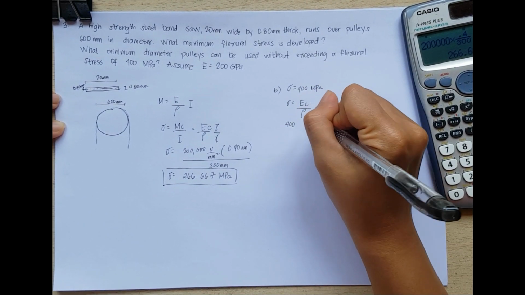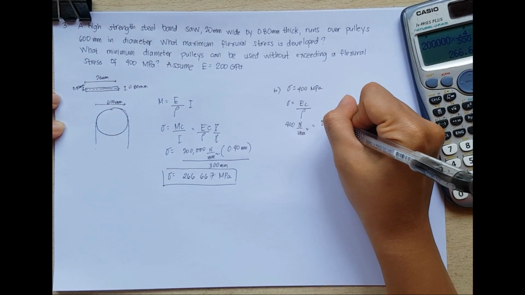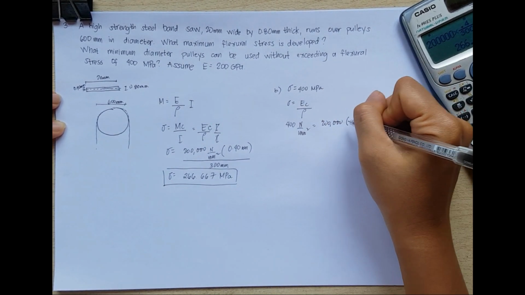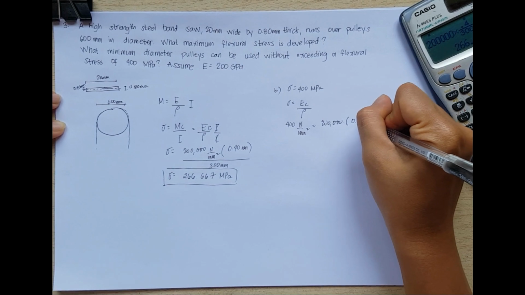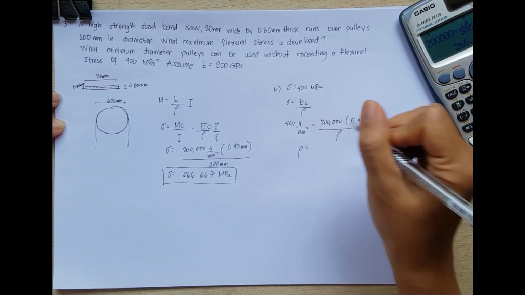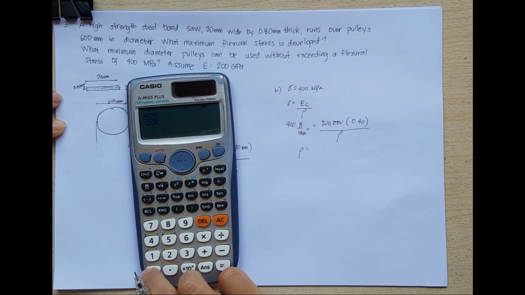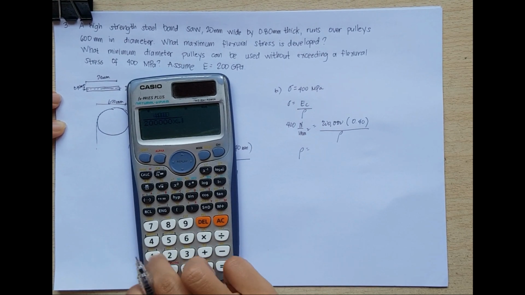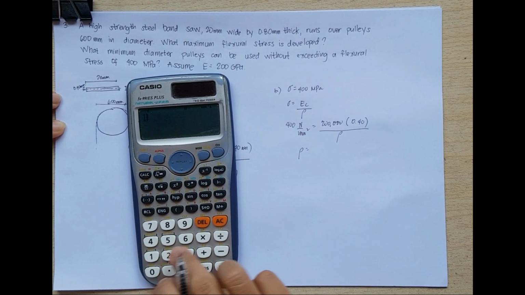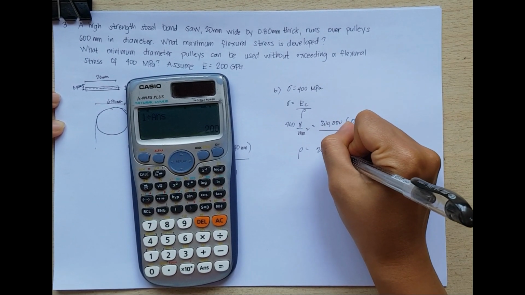So, 400 megapascal is equal to 200,000 multiplied by C. So, 0.4 divided by rho. So, yung rho natin is equal to 200 millimeter.